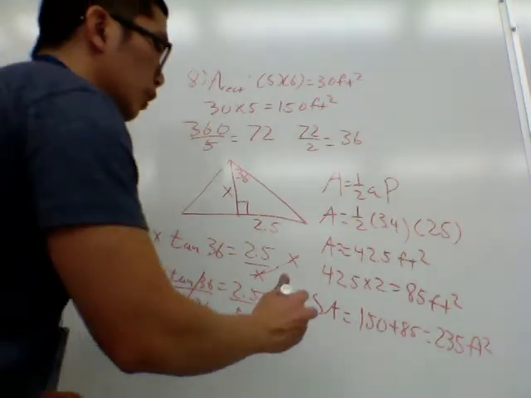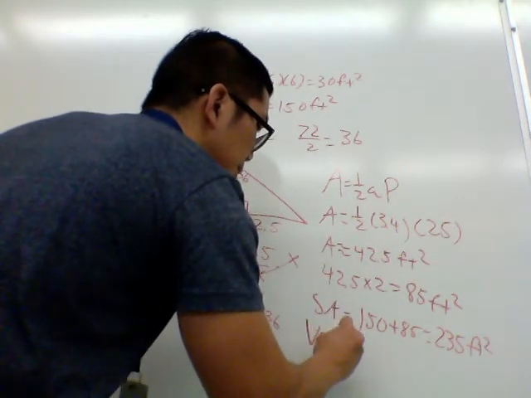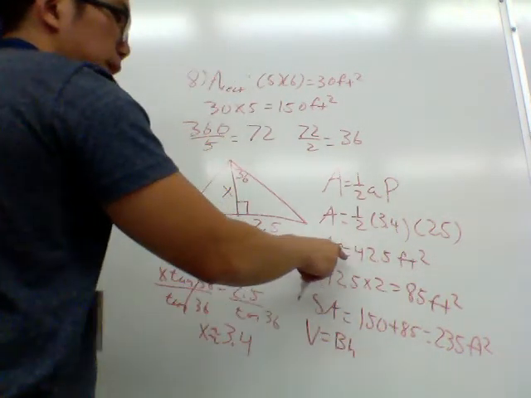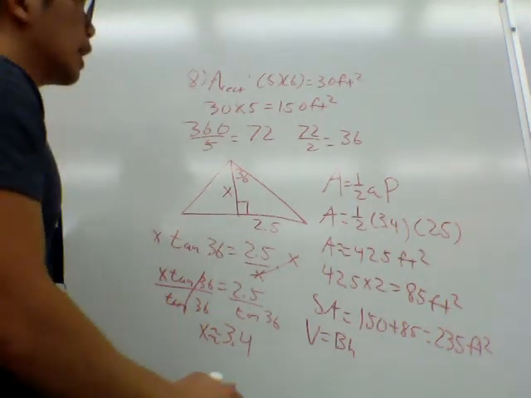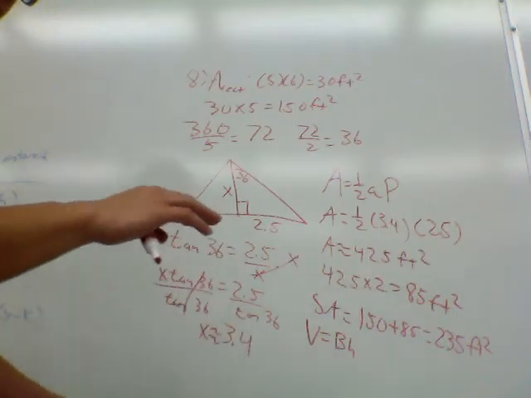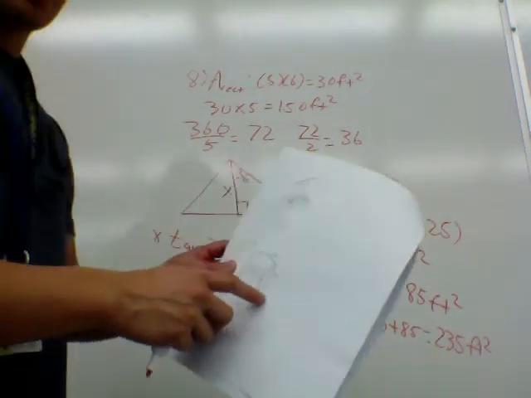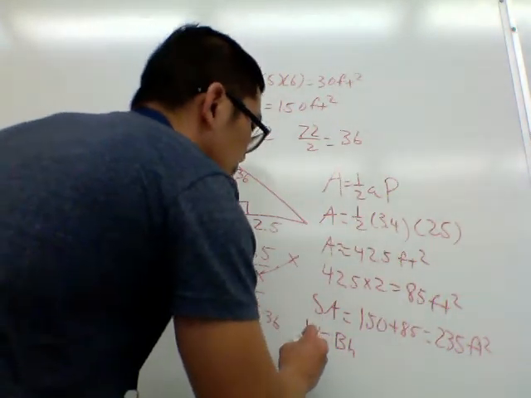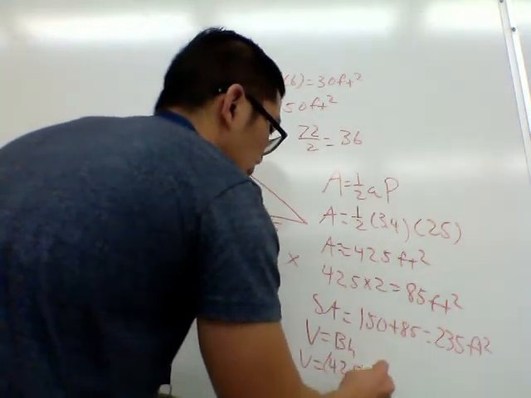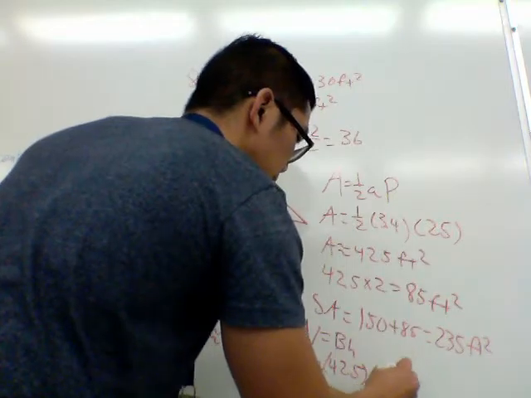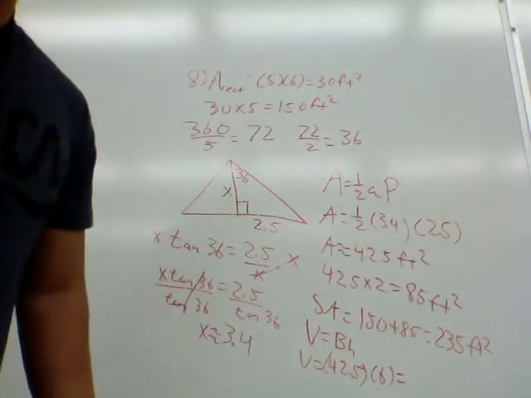Now, the volume is just big B times H. I already found big B. Big B was 42.5. It's the area of one of the pentagons. And then what I do is I'm going to turn my... Oh, it's actually already there. The height is 6. So the volume is equal to 42.5 times 6. Okay.